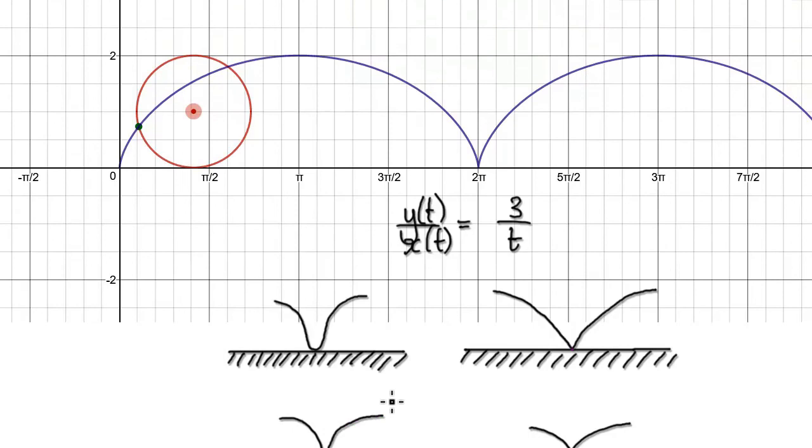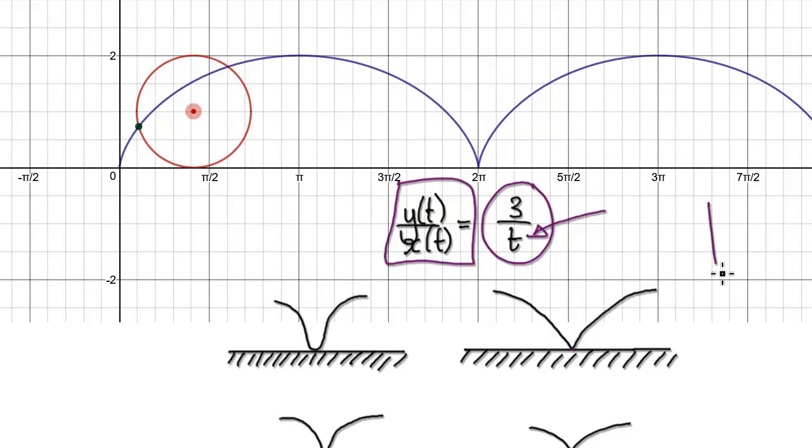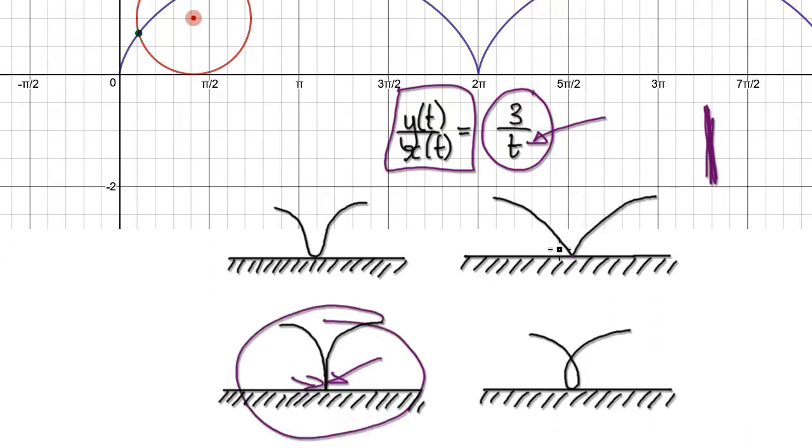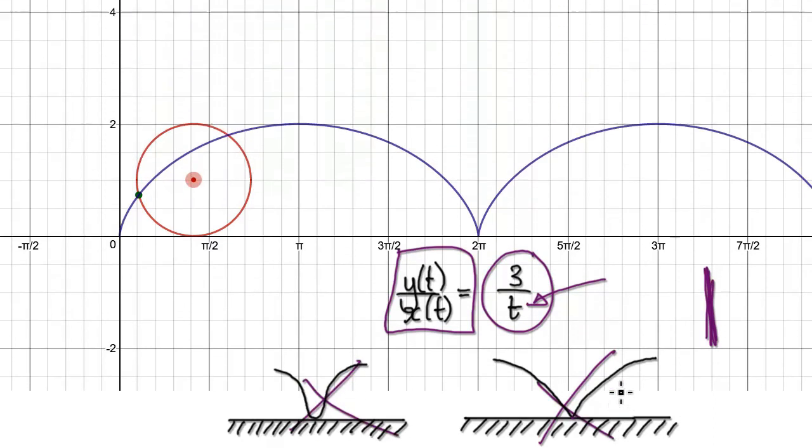So the point I'm trying to make is that if you look at the gradient, if you look at the ratio, the gradient tells you that when t is near 0, the gradient will be really steep. So it can only be this scenario here, not this one, and not this one here. So hang on.